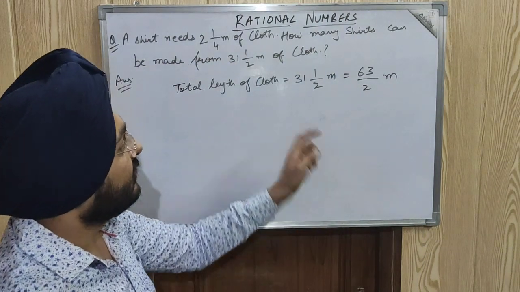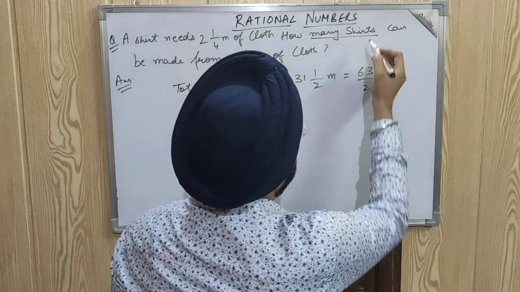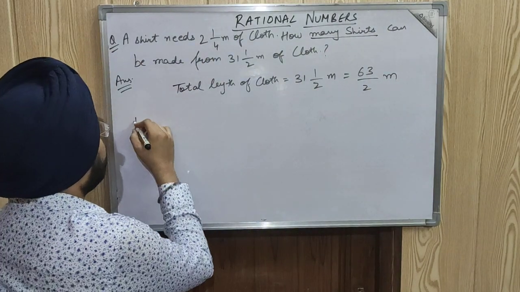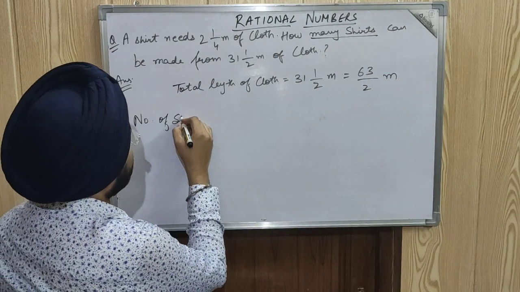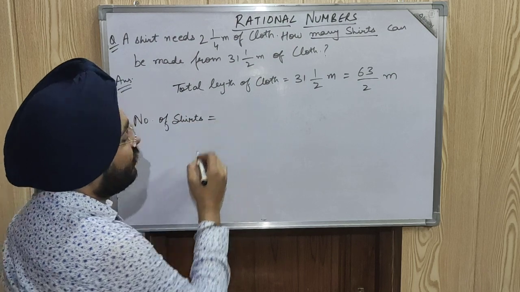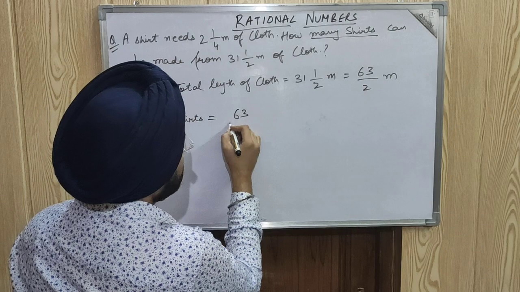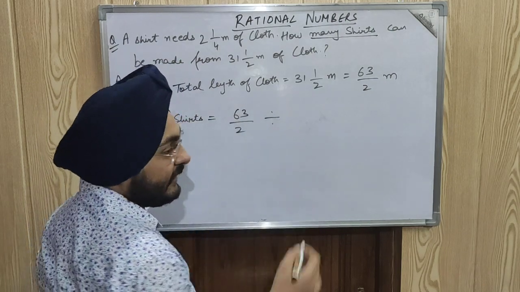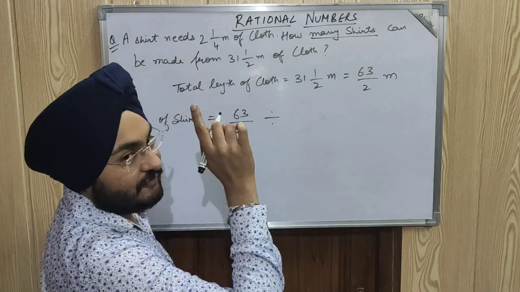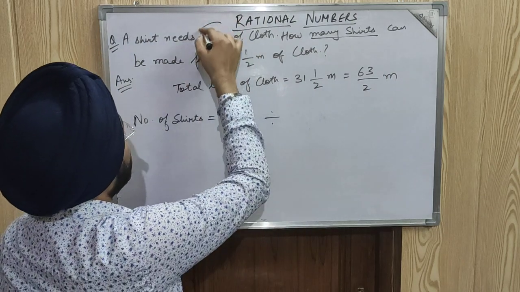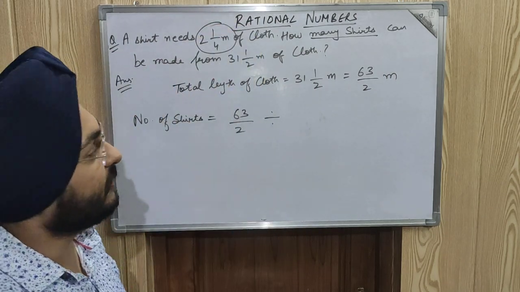So now he's saying we have to find the number of shirts. So keep in mind, when we have to find the number, we have to divide. So what's dividing with what? So this one is 63 by 2, total, divided with the one shirt length. That is what? 2 1 by 4.